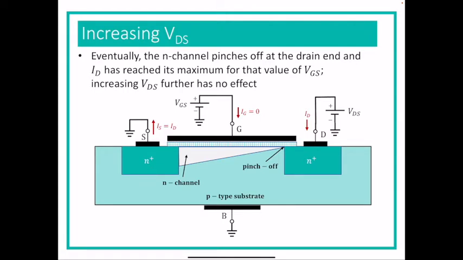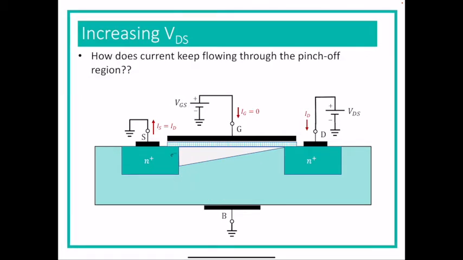However, the question that I always had as a student that nobody answered was, if it's pinched off, that sounds like the current goes away, and that's not what happens. The current just stays the same. The reason for this is because the electrons, remember the electrons are going the opposite direction of the current, they go into this big funnel, and then they kind of drift across that depletion region.